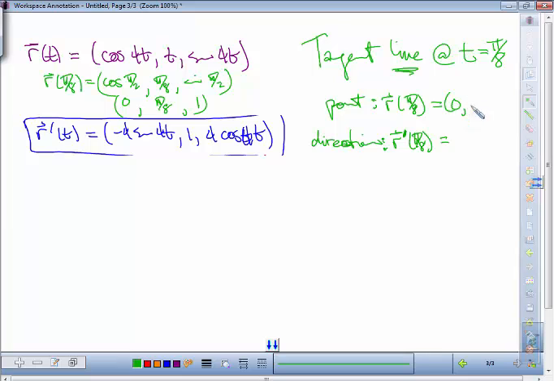So 0, pi over 8, and 1. And for the derivative, we put pi over 8 in for t. We get negative 4 sine pi over 2, 1, positive 4 cosine pi over 2, which is negative 4, 1, and 0.